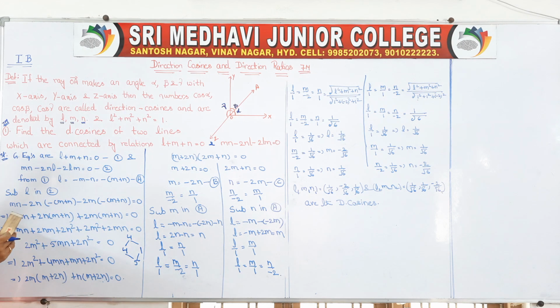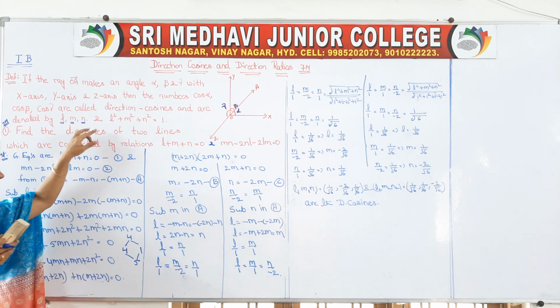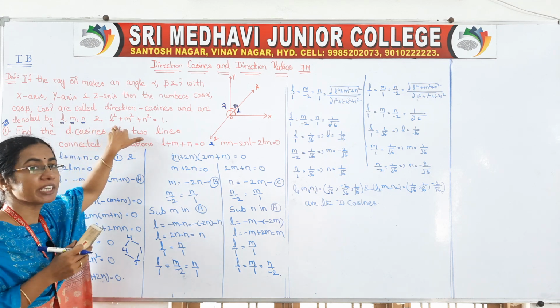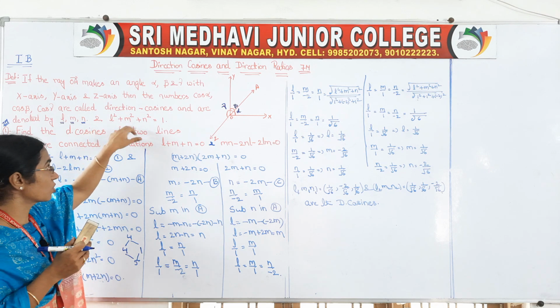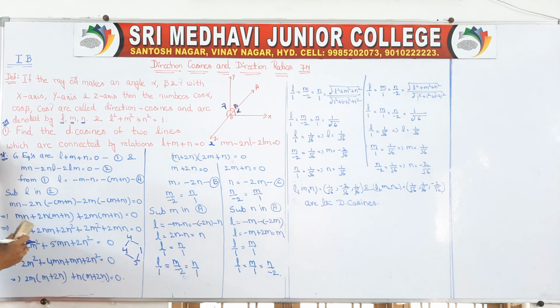They are denoted by l, m, n, and there is a relationship: l square plus m square plus n square is equal to 1.